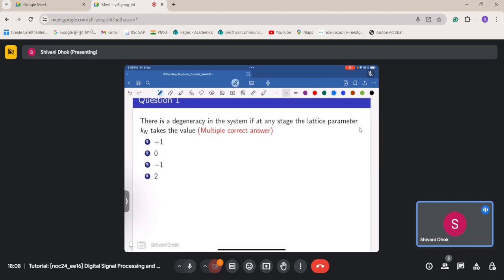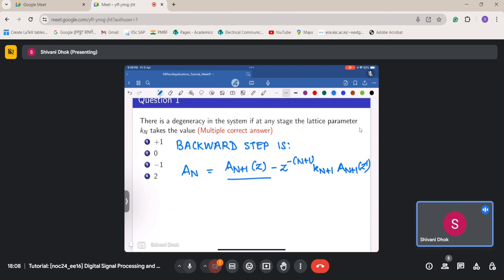We know that the backward step is A_n(z) equals A_{n+1}(z) minus z to the power minus (n+1) times k_{n+1} times A_{n+1}(z inverse), divided by 1 minus k_{n+1} squared.